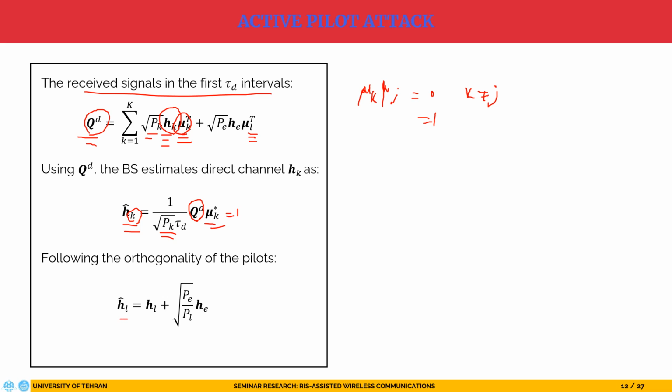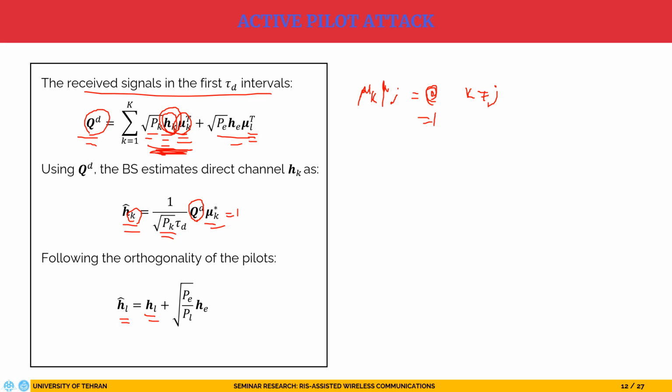But for user L, which is the victim, the channel estimation here, HL, by multiplying mu L conjugate, can be obtained correctly, but there is another term here, which is mu L. In this case, by multiplying mu K by mu L, we have 0, because L is not equal to K. So the result is 0.